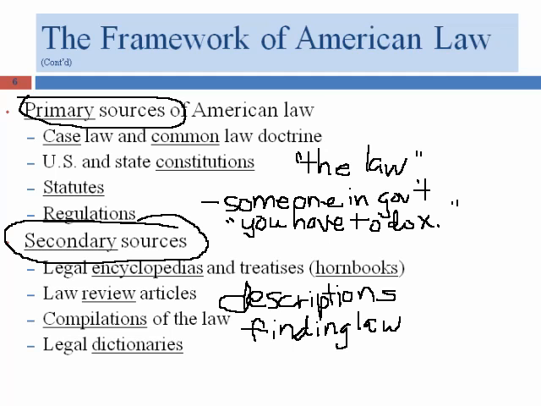These are explanations or examples of the law. So what the best secondary sources do is point the reader to the primary sources.